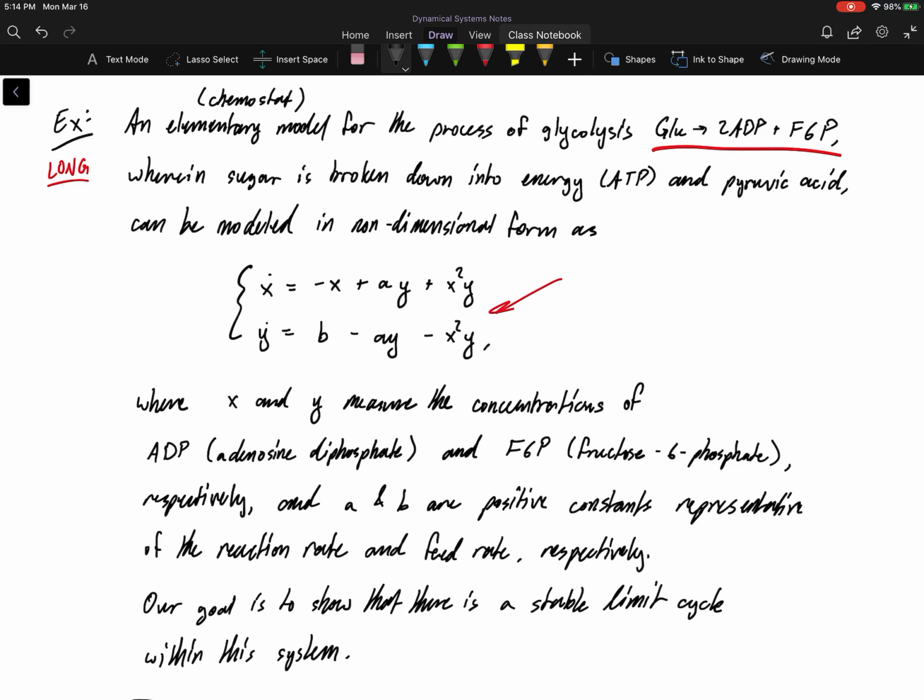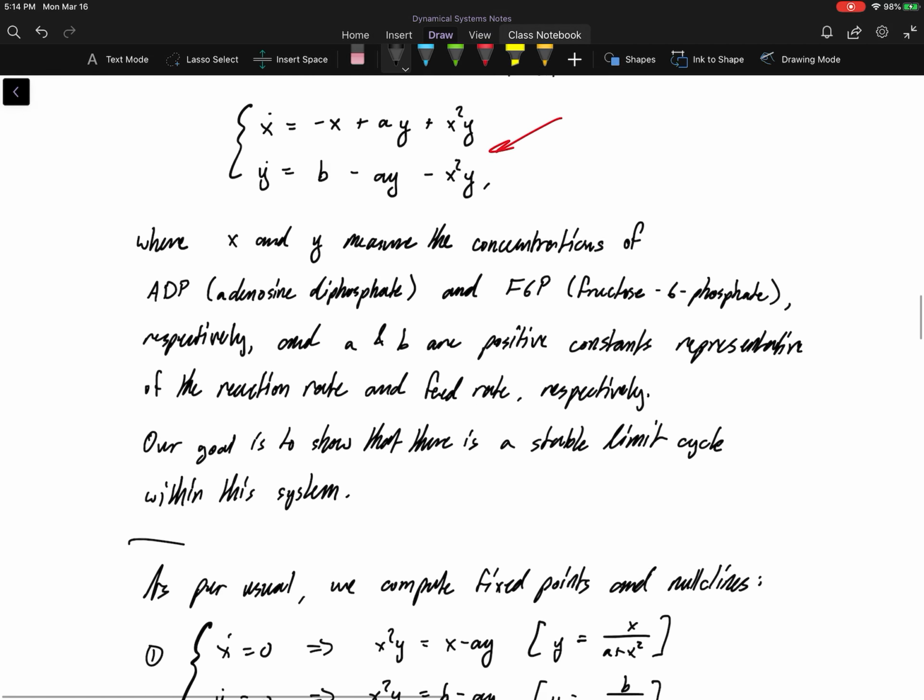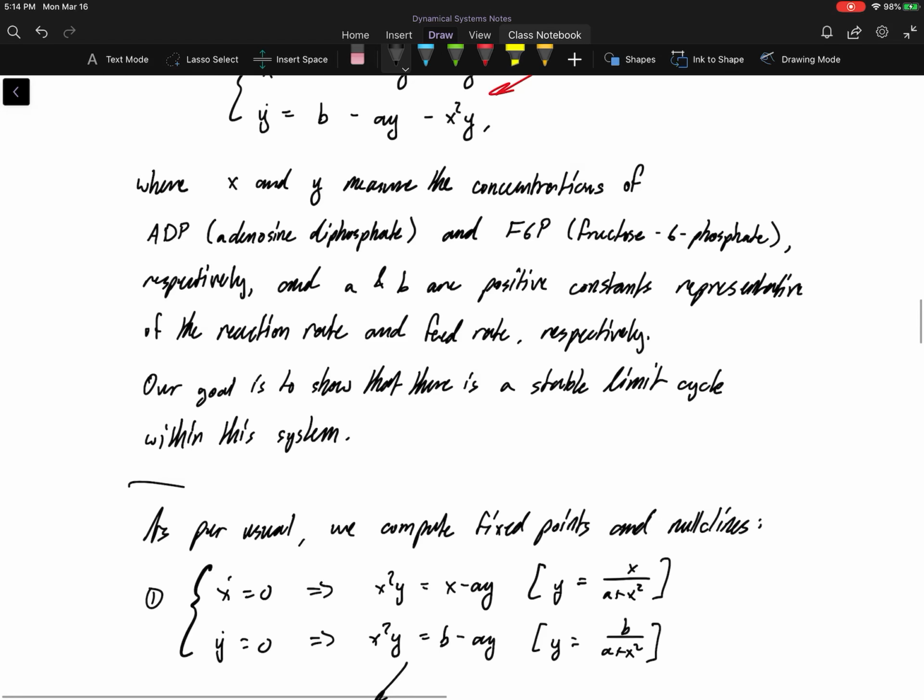It's effectively telling us how much sugar we're adding to the system, how much of our reagent we're adding to the system and allowing to be broken down. And we're just saying that happens at a constant rate, B, or that we're creating fructose 6-phosphate at a constant rate, or we're arranging for that to be the case.